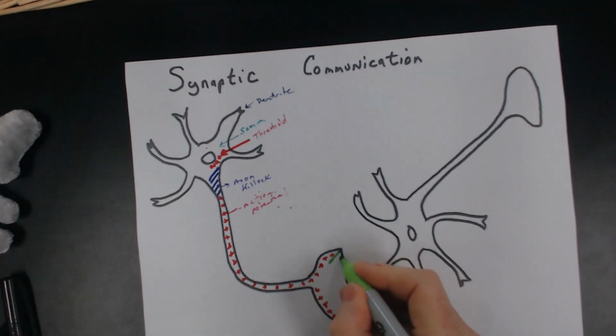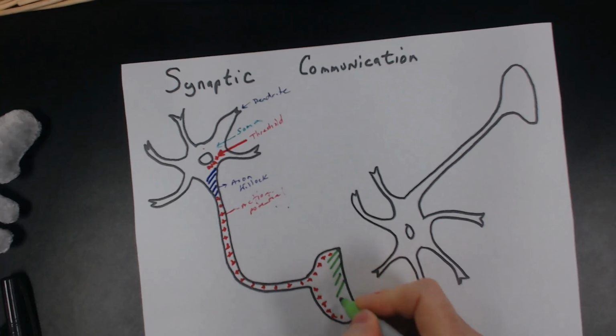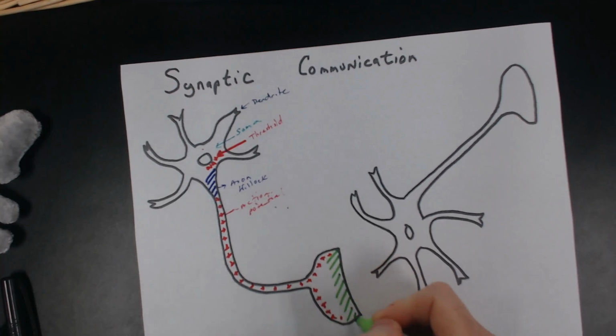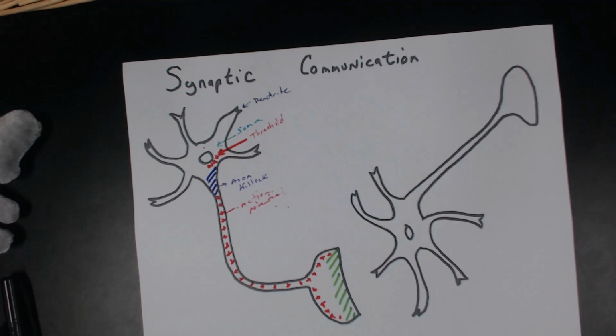Once the action potential reaches the axon terminal, in this case the presynaptic axon terminal, something different happens.